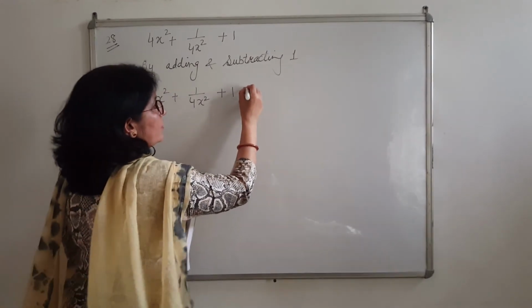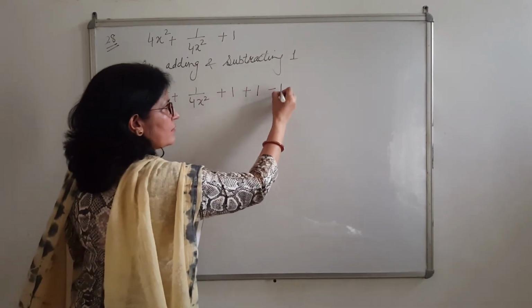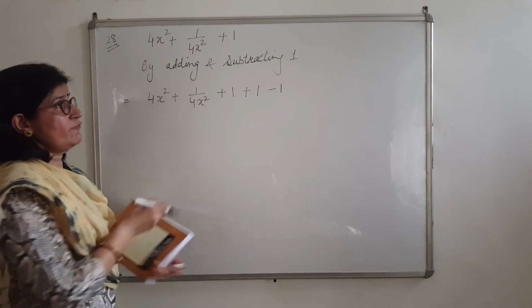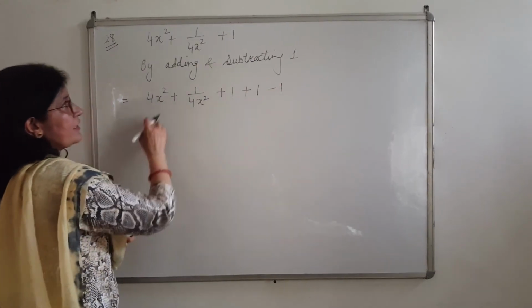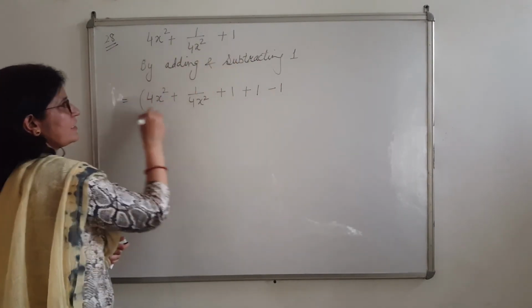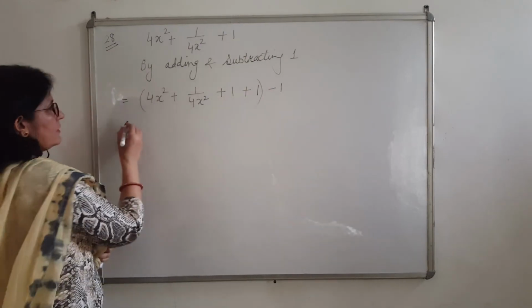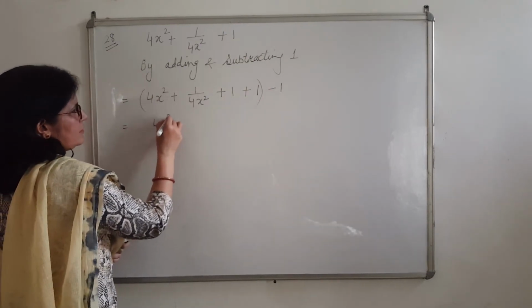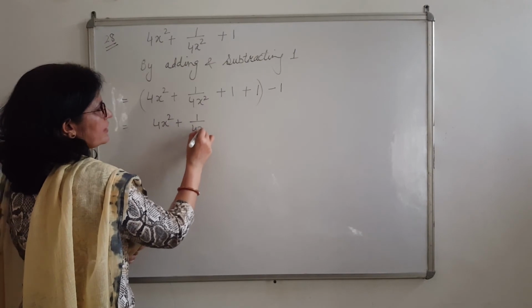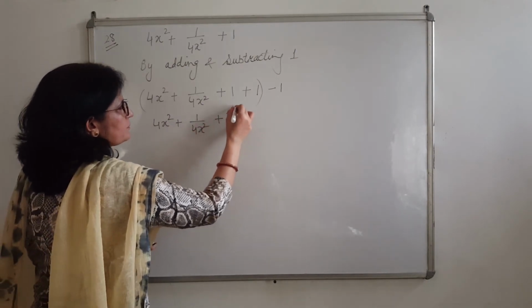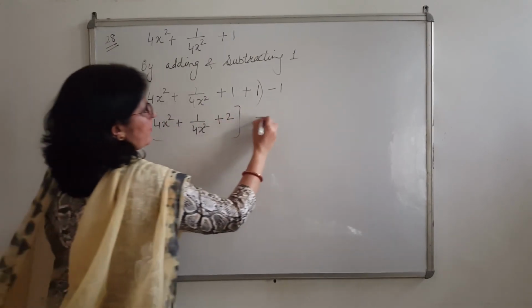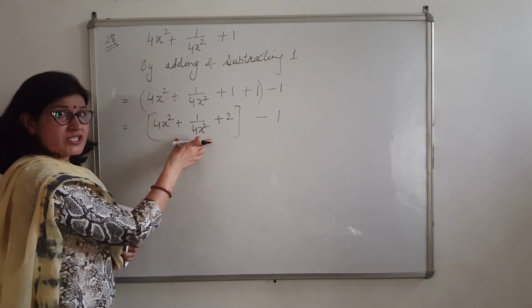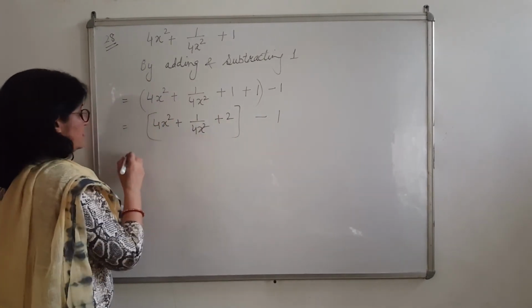So what did we do? 1 we take plus, 1 we take minus, because if we cancel them, we again get the same. So we will take these terms together. 4x square plus 1 upon 4x square plus 2 minus 1. Now this we will change into a perfect square.